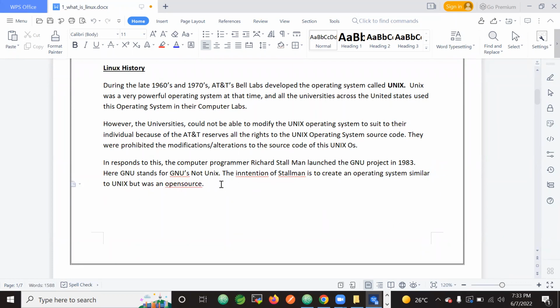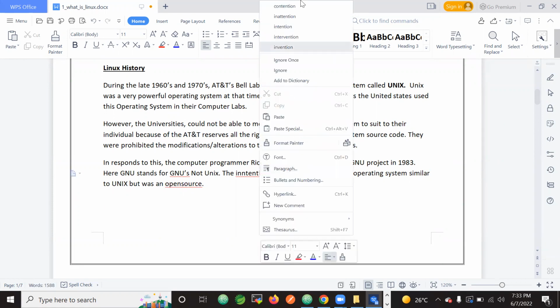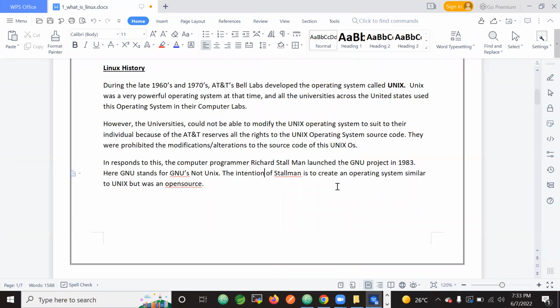He wanted to build one operating system which is open source and would work similar to Unix. That is the intention of Stallman to start this GNU project.